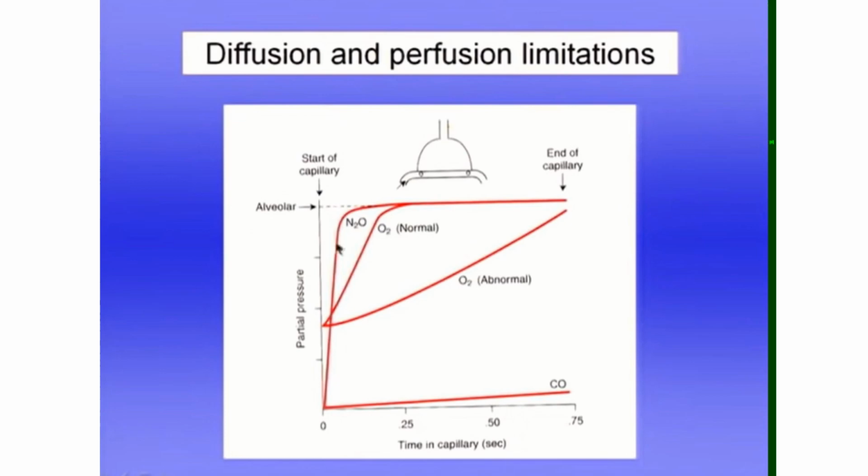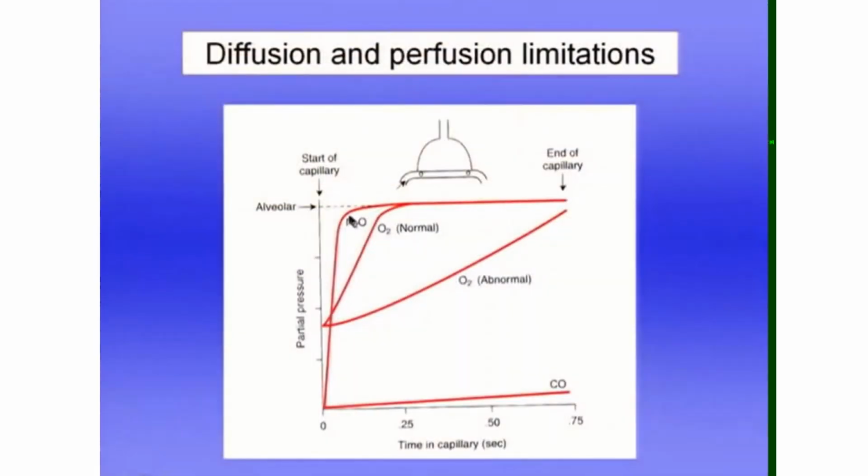Now again, when the blood enters, it has no nitrous oxide in it. When blood enters, the nitrous oxide gas diffuses across, but this time the blood does not have a high affinity for nitrous oxide. Nitrous oxide simply dissolves in the blood, and as the amount of nitrous oxide in the blood increases, so its partial pressure rises rapidly.